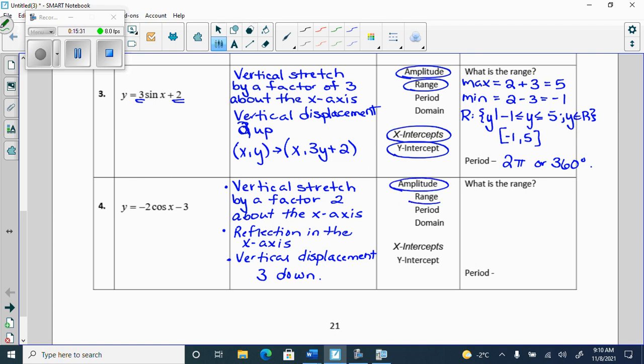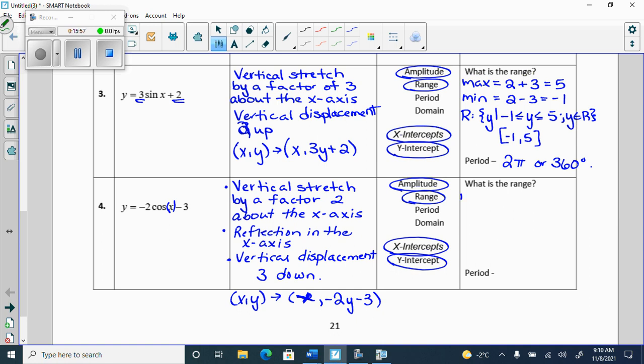The range, period, domain, x-intercept, y-intercept. Oops, I need to do mapping. So it's going to be xy becomes x, negative 2y minus 3. Nothing happens to the x because the x is literally in a bracket by itself, right? So nothing should happen to the x in mapping.